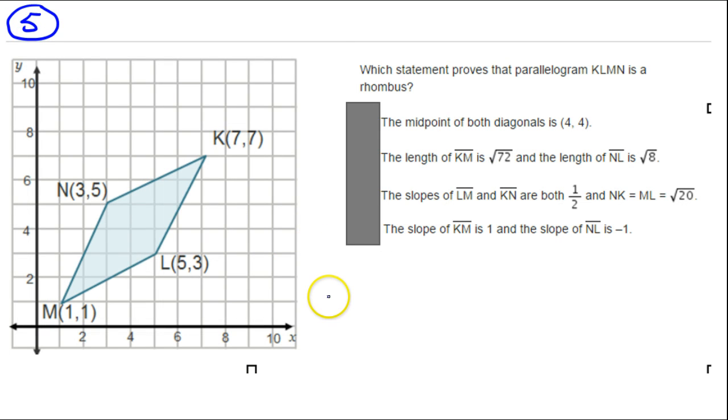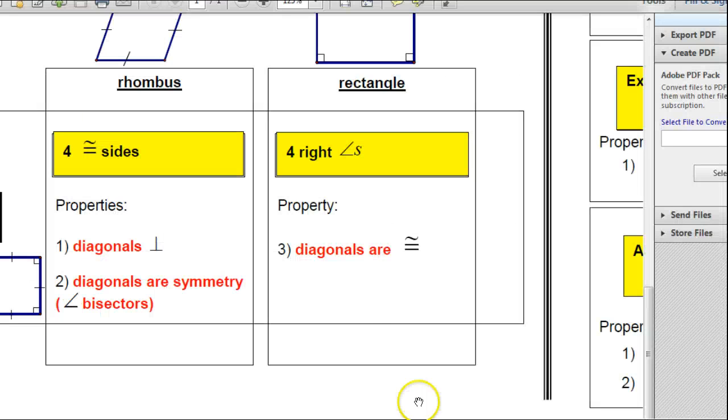All right, let's take a look at number 5. We have this figure. Now, which statement proves that this parallelogram is a rhombus? We're told it's a parallelogram, and we need to prove that it's a rhombus with one additional piece of information. First, let's look at our notes and see what a rhombus is and what the special properties are.